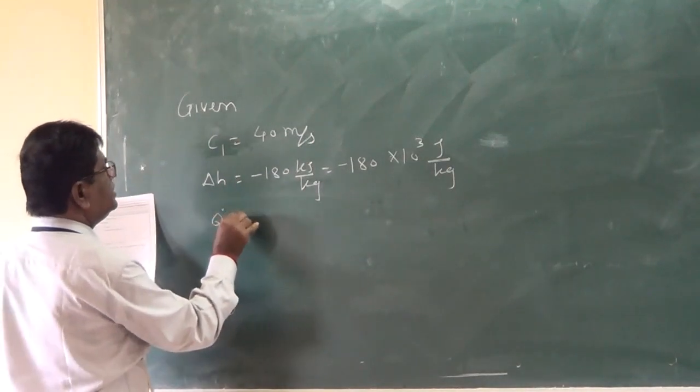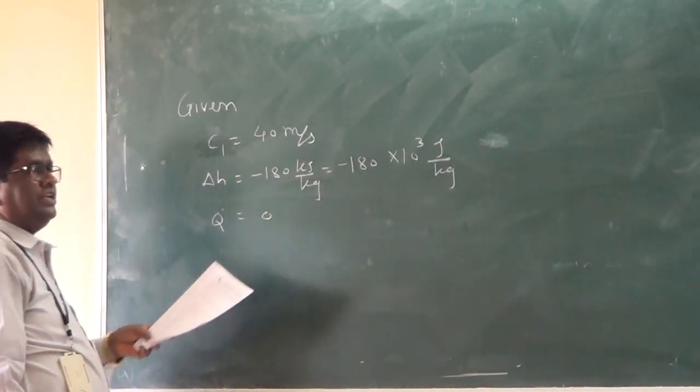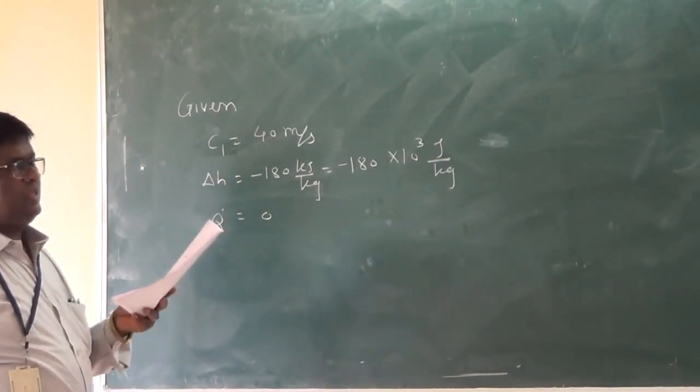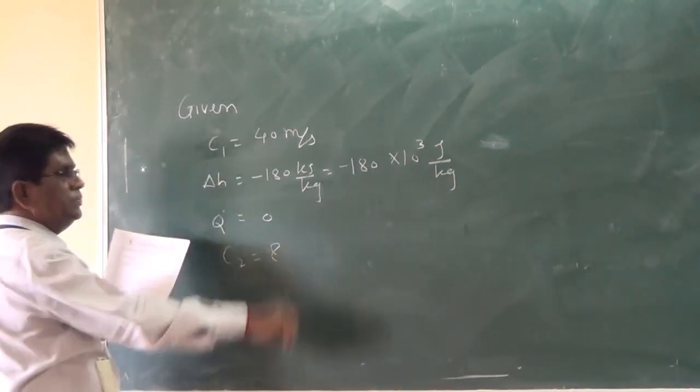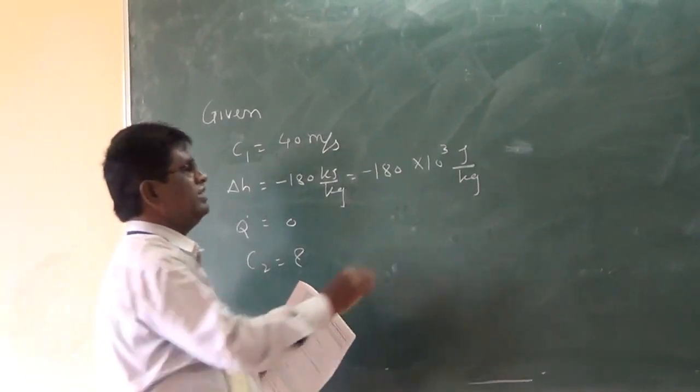Q dot is equal to 0 due to the adiabatic condition. Very simple, straightforward example.